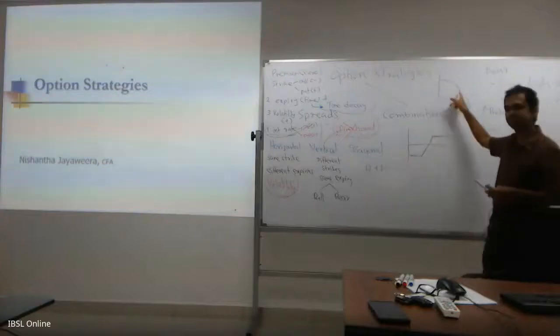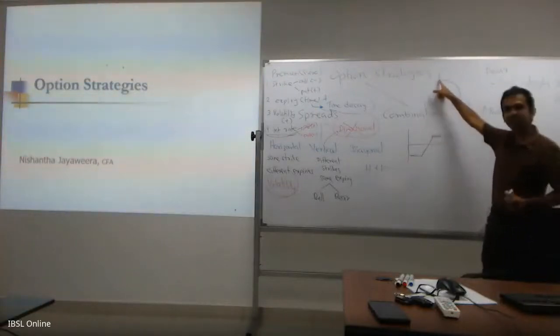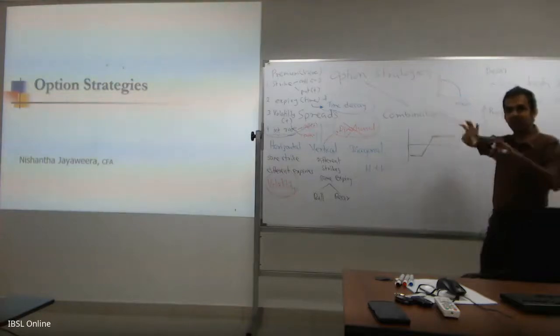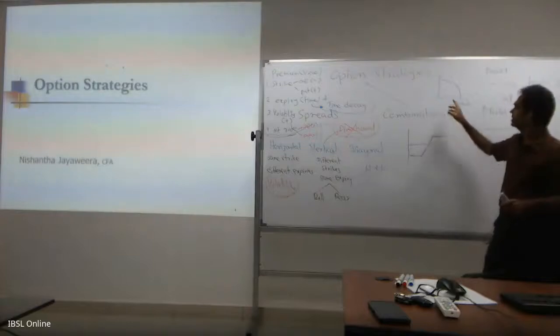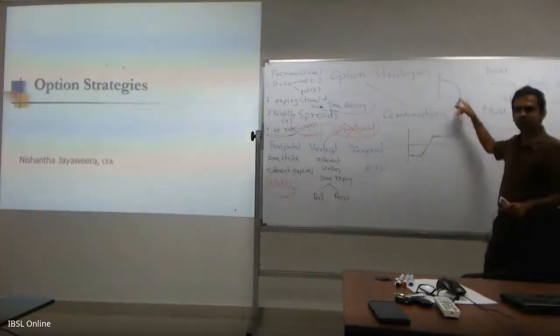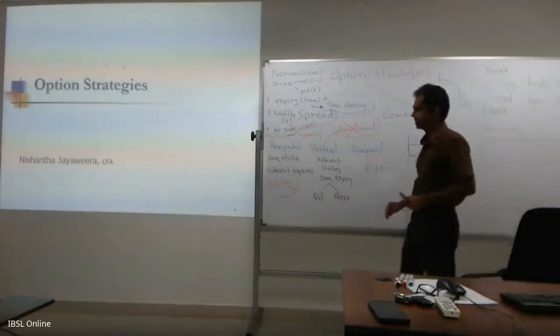This is the time decay. At the inception, price is high, assuming all other variables remain constant. When it gets closer to maturity, price drops very rapidly. So this end is highly volatile.